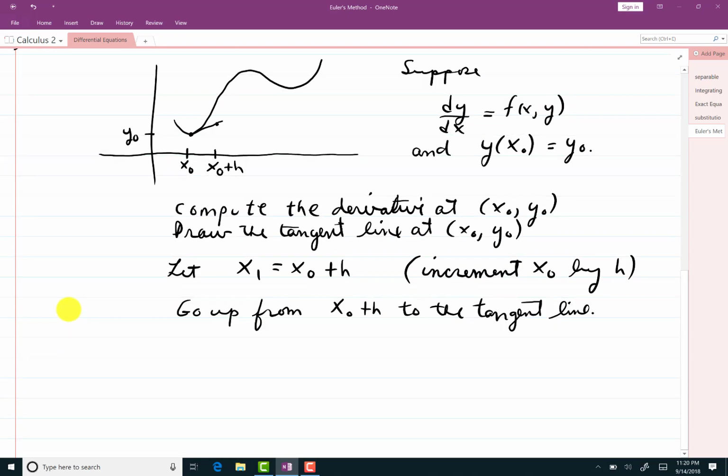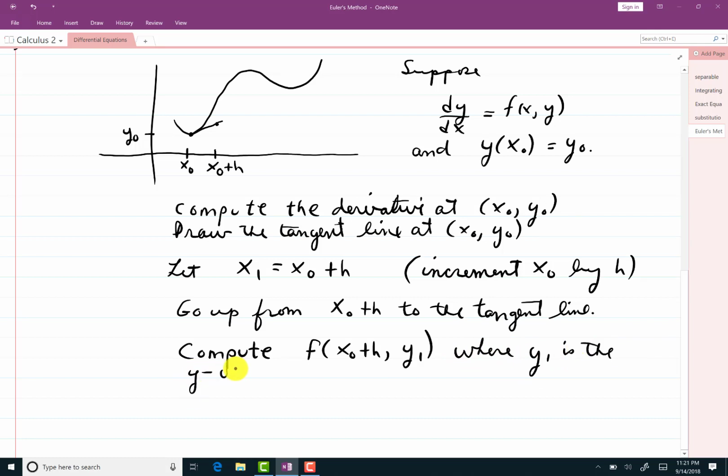All right, then compute f of x naught plus h, y1, where y1 is the y value on the first tangent line.